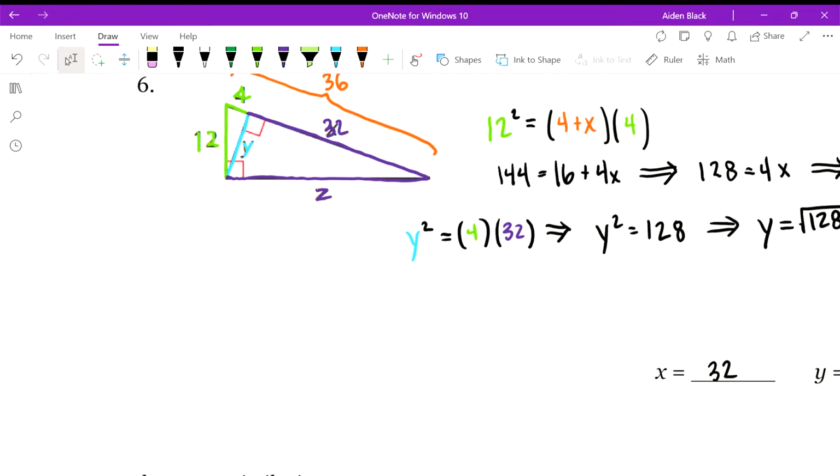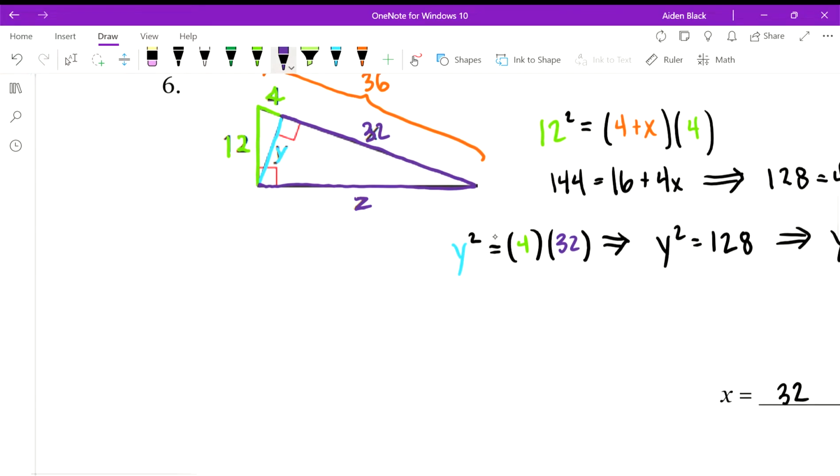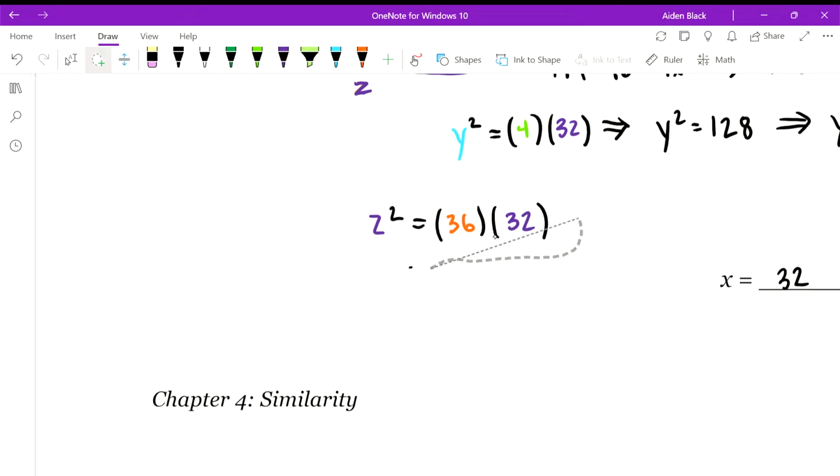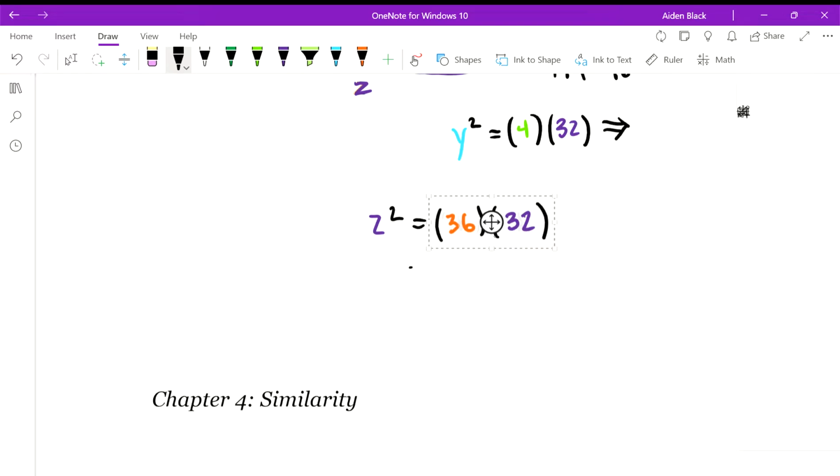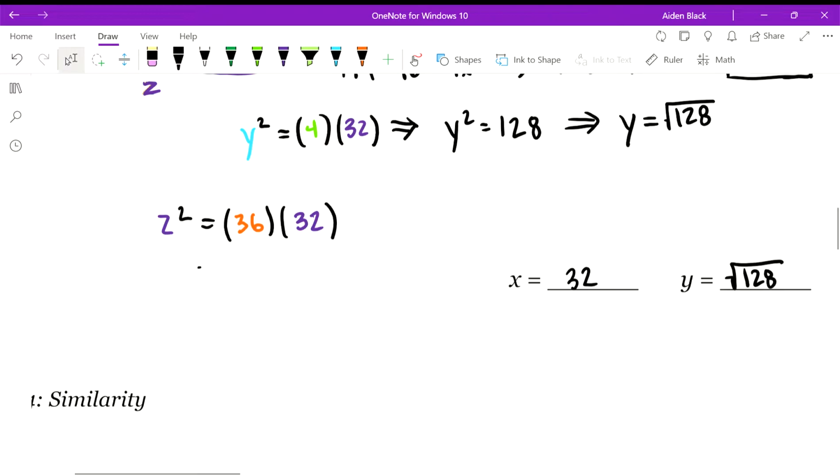Alright, now let's look at z. Z is one of the legs, so we're going to square it, and we know it's equal to the entire hypotenuse times that part of the hypotenuse that is adjacent to Z. So, 32 times 36, which is 1152. I can use that, or I can just take the square root of both sides.